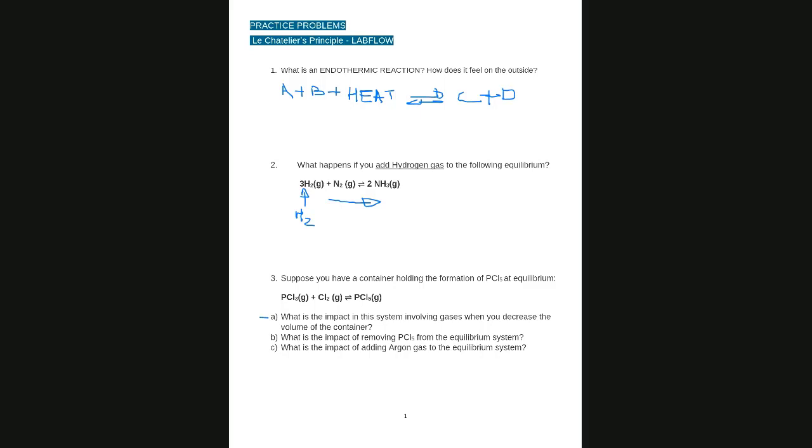You can either change the volume of the container, where you have a container with all these gases, or you can add an inert gas. We are going to talk about that in C. If you add a gas that is not involved in that chemical reaction, it still affects and disturbs the system.